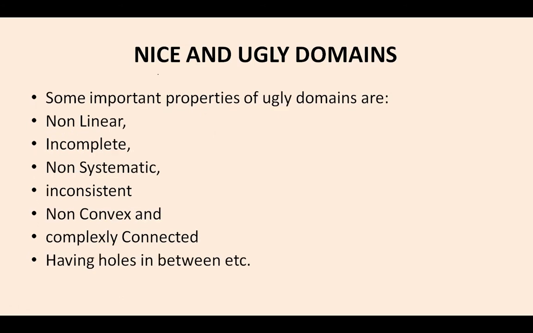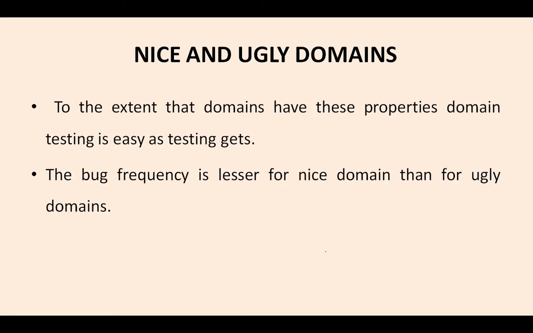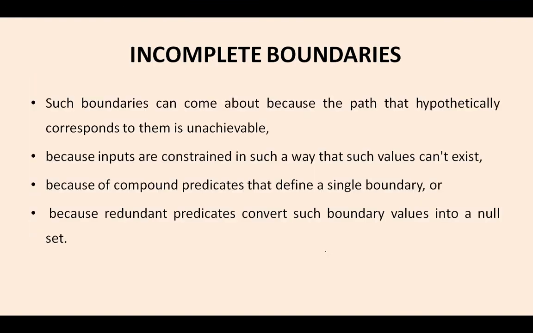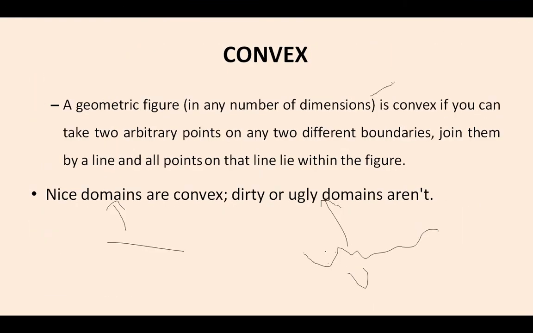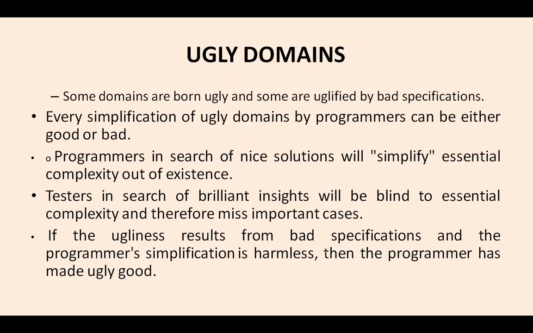Let us see them once again: non-linearity, incompleteness, non-systematic, inconsistent, non-convexity, complexly connected, having holes in between. These are the various properties of the nice as well as the ugly domains. Now see what other things are added to the ugly domains.